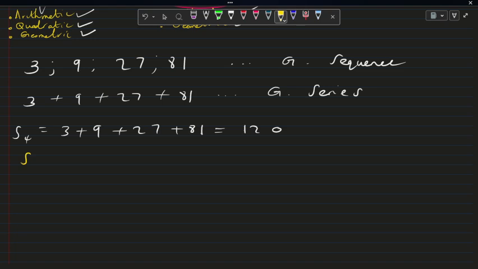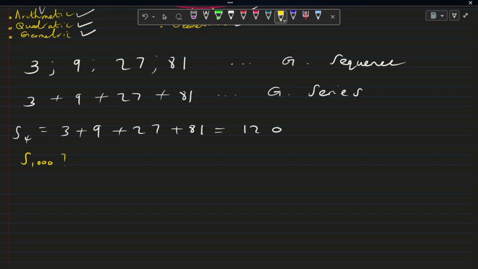But what if you want to determine the sum of the first 1000 terms, or the first 100 terms? Obviously, it will not be a good idea to sit down, expand the series to the first 1000 terms and add them all together, because it will take a lot of time.